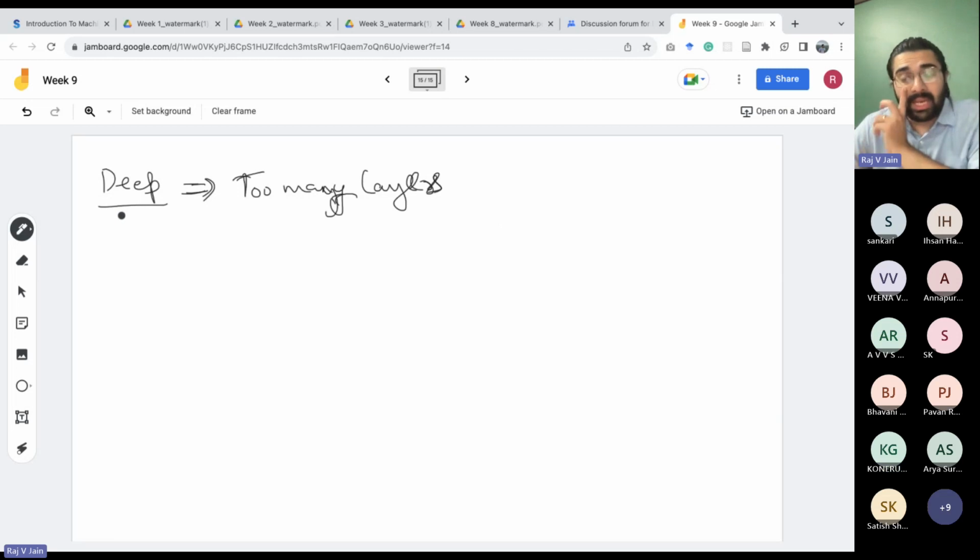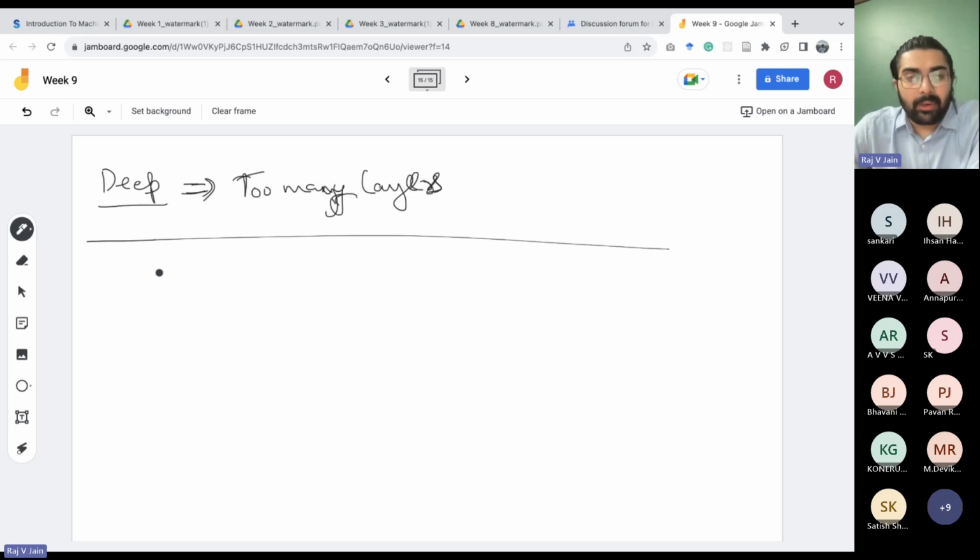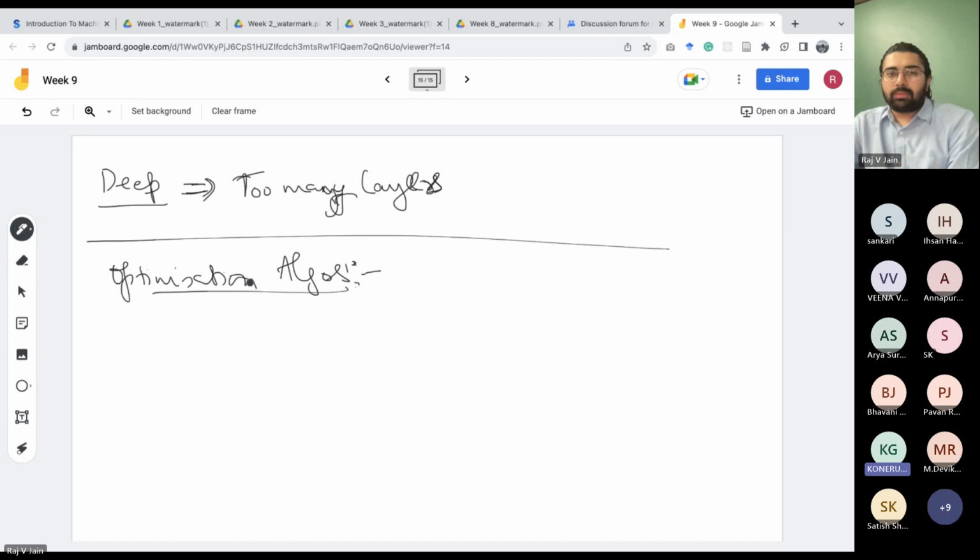There are other ways of doing it also, though. There are other optimization algorithms also. So why do we use the word feed forward networks? Because all neural networks have some kind of back propagation.